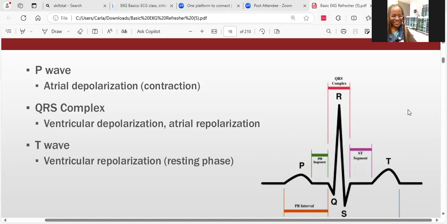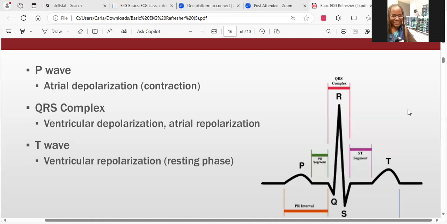The QRS complex represents ventricular depolarization or ventricular contraction. The atrial resting or repolarization is also buried in that QRS complex. The QRS complex represents ventricular rhythms.